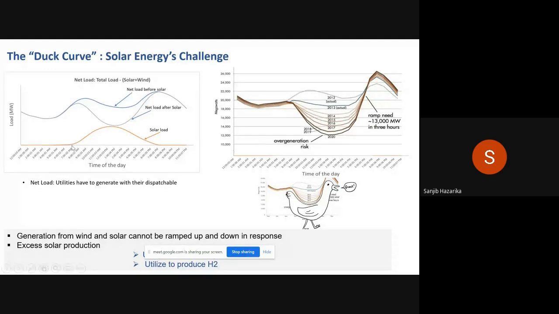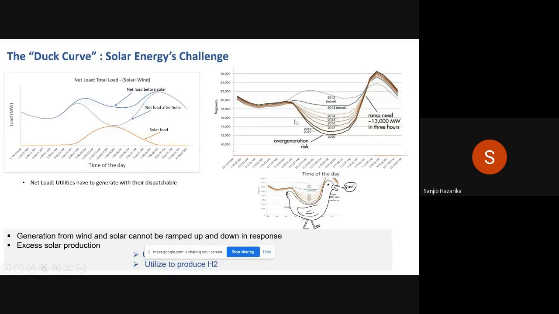Solar electricity generation starts around 7 a.m. and goes up to around 6 to 7 p.m. So the net load from other sources, after subtracting solar, actually decreases, because the requirement for this time period is caught up by solar electricity production. So the curve for other electricity requirement decreases like this.